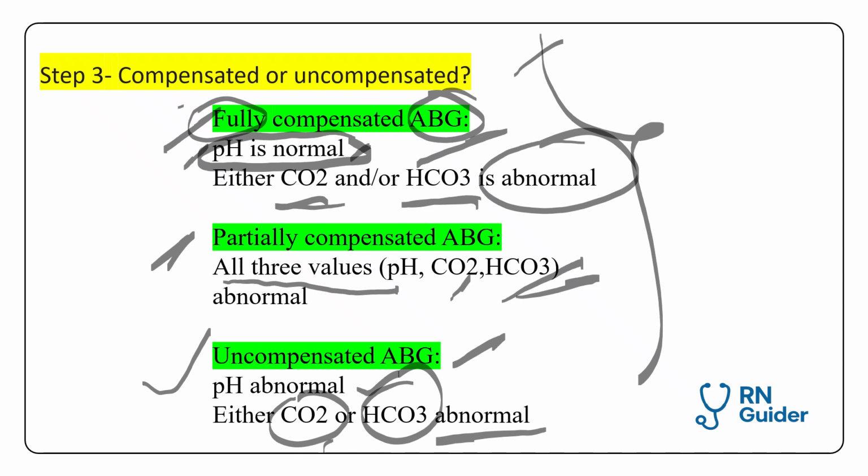While for uncompensated, pH will be abnormal and among the other two, either carbon dioxide or bicarbonate, only one is abnormal. That time also it will be considered an uncompensated ABG.